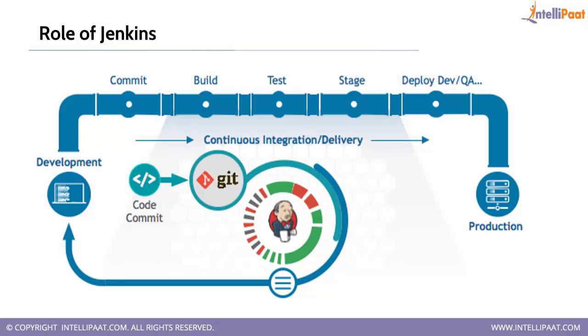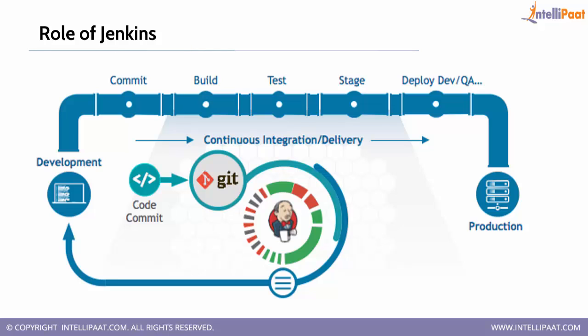what Jenkins is, as I said, in order to make the entire software development life cycle run in the DevOps mode or the automated mode, we would need automation tools. So Jenkins will provide us the various interfaces and tools in order to automate this entire process.